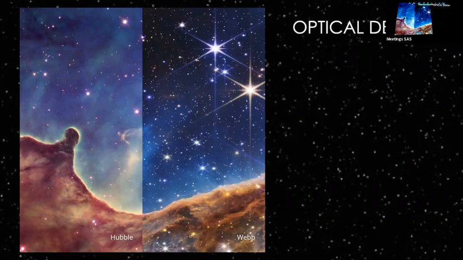You can see a very, very clear difference down here of the Hubble. It's fantastic on its own, but the James Webb, just by its nature of being a much larger telescope, is able to pick up all this fine variation, smaller detail, all of these different stars and things like that.